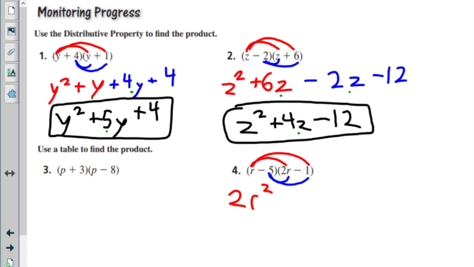So that's how I wind up with 2r squared, all multiplied. Then we have r times negative 1. Keep the sign with it. r times negative 1 is negative 1r. So I'll just write it as minus r.